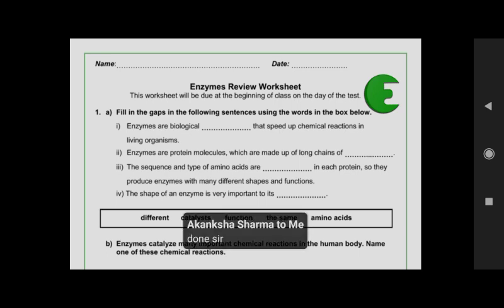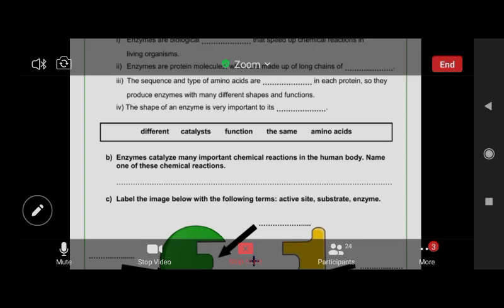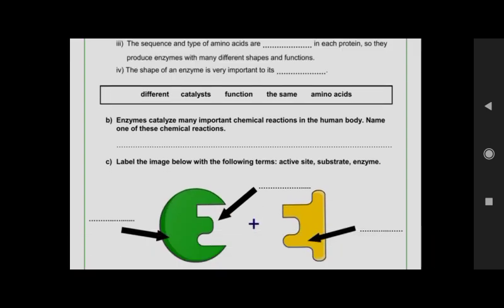Okay. Now let me focus on the second question. Question B, take the screenshot of this also. Question B: enzymes catalyze many important chemical reactions in the human body.